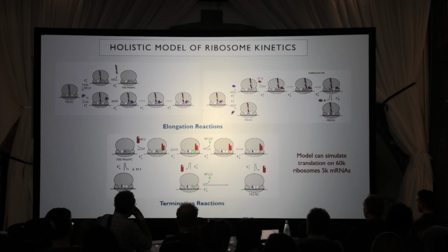Using that data, you can construct a stochastic model which looks at the ribosome moving through each of these individual steps in a reversible manner. And with the addition of the cofactors, EF-G, EF-Tu, et cetera, you can build a competition between these factors for access to the ribosome.